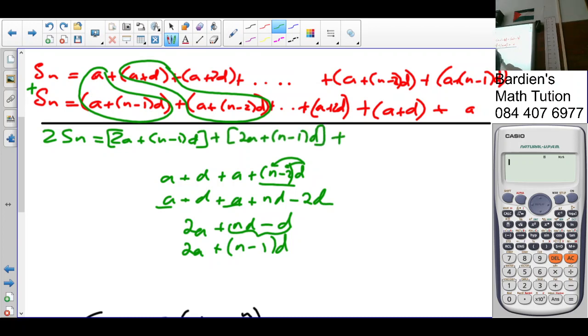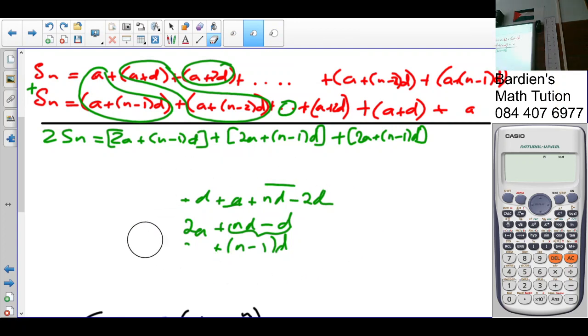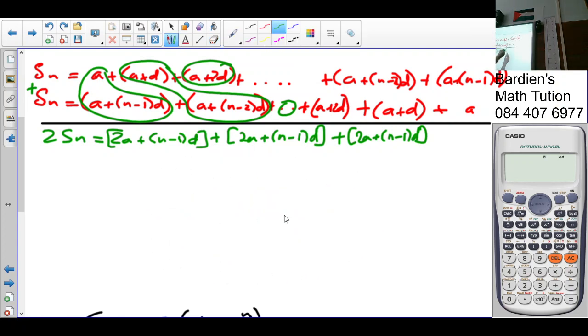What do you think will happen if I add that term to the third term? Same story. It's 2a plus (n minus 1)d, and so on and so on. That will repeat itself. Even with the last term, if I add this here, it will be 2a plus (n minus 1)d.